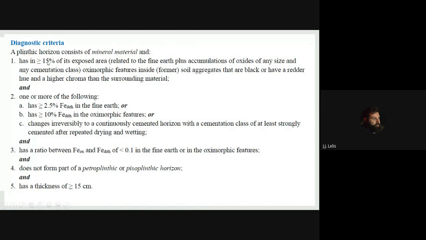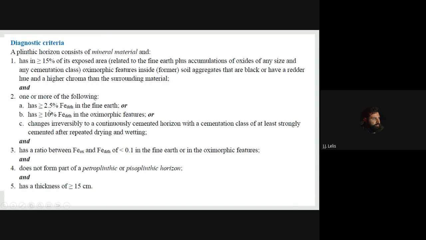So the plinthic horizon should possess a high area that expresses these oxymorphic features. That's quite interesting because none of the diagnostic horizons that we talked about yet mention these oxymorphic features. So the plinthic horizon is very easily identified in the field and even in an exercise because it possesses a high area of these oxymorphic features, okay?